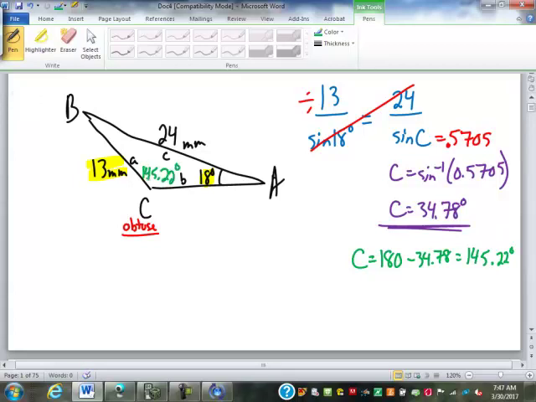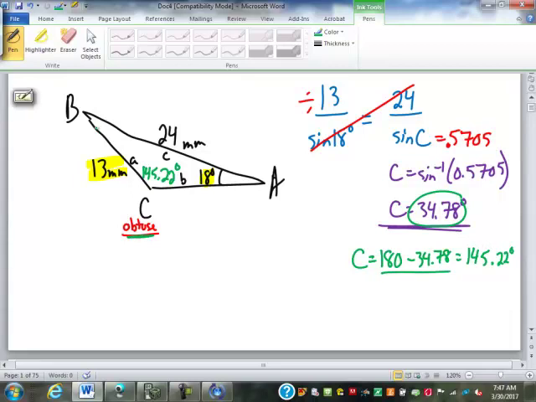Make sense? This is one that a lot of people get wrong on quizzes and on tests because they just write down this answer and they don't stop and adjust it. But because we know it's obtuse, we've got to take that extra step. We've got to find its supplement.